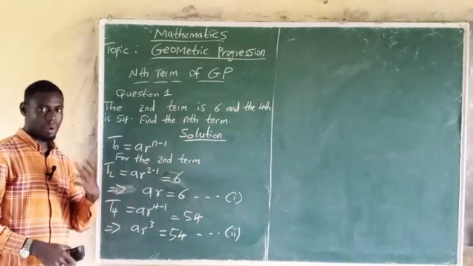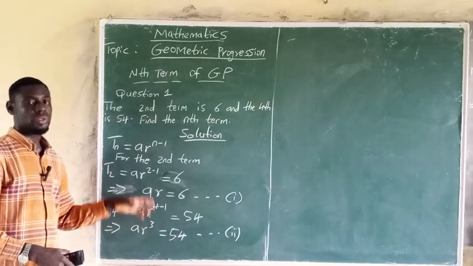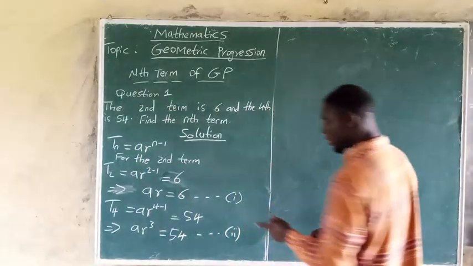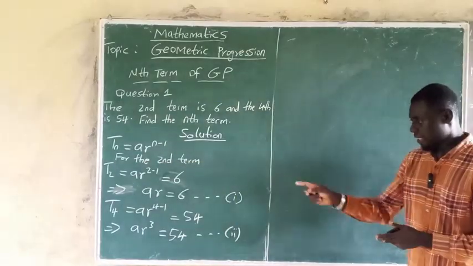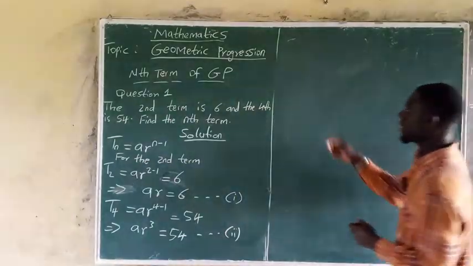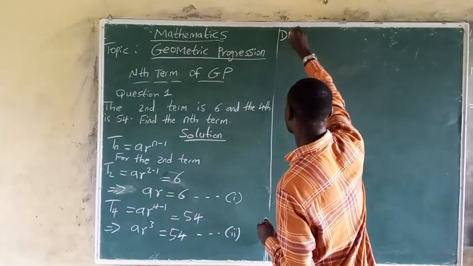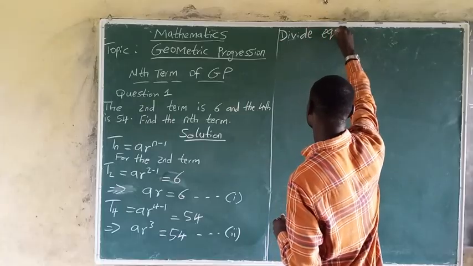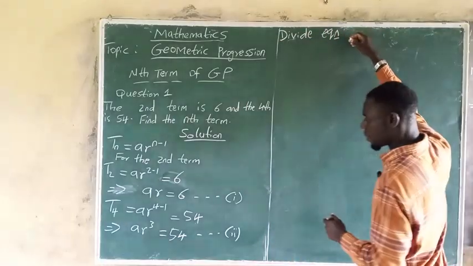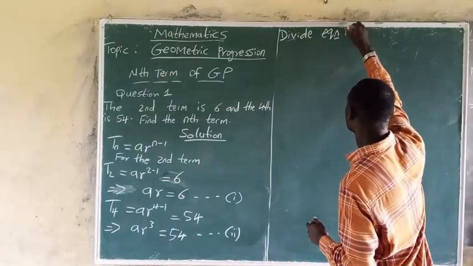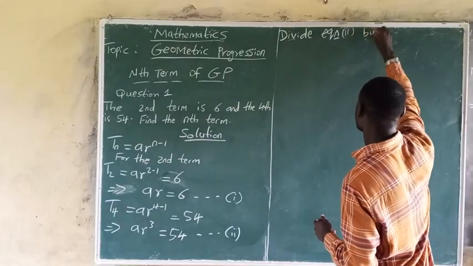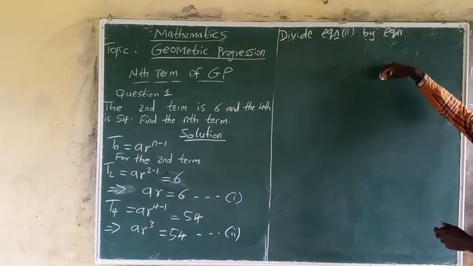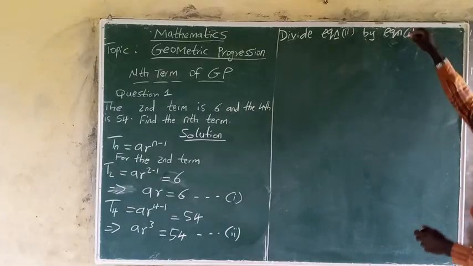Now, our main aim is to get our common ratio. If we're able to get our common ratio, it will be very easy to get our first term. So what do we do? Since two equations are given to us, we divide equation 2 by equation 1.